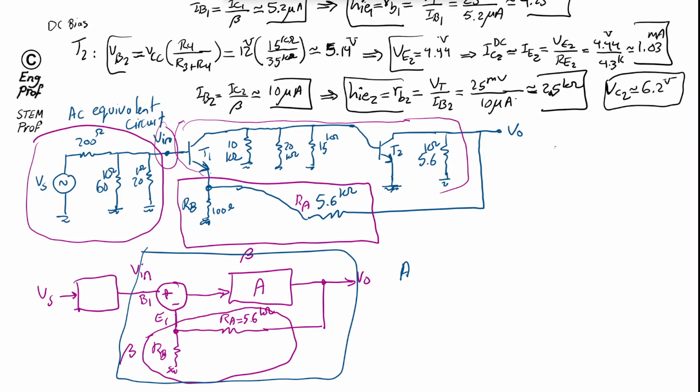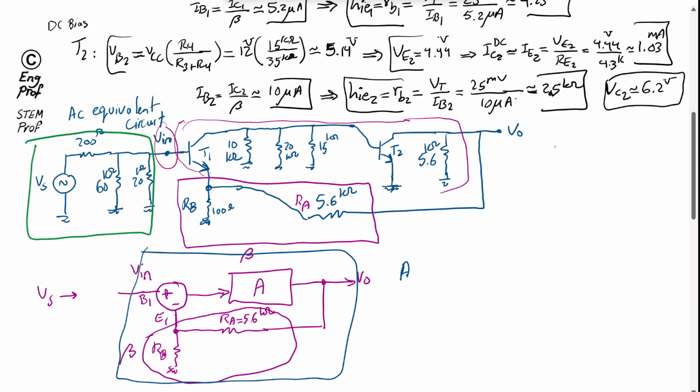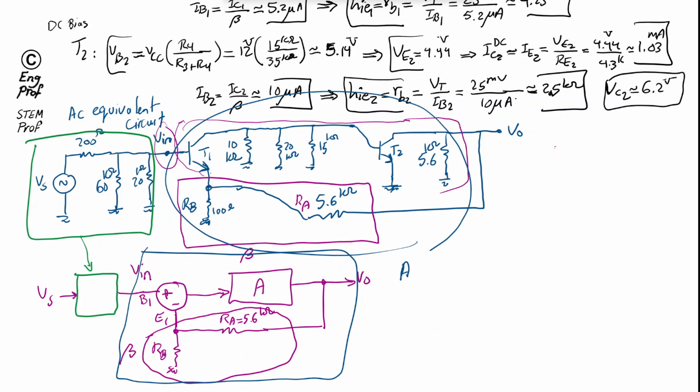Forget about this segment for now that I'm highlighting with a different color. I'll show it in green, the part that I don't care about right now, but I will deal with it later. From the perspective of Vin, I have a feedback system.